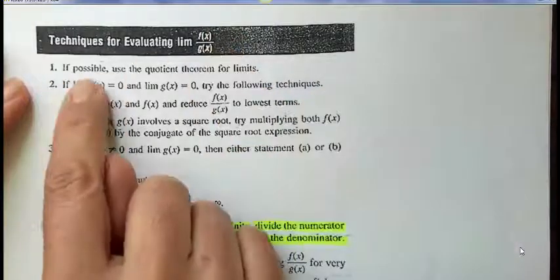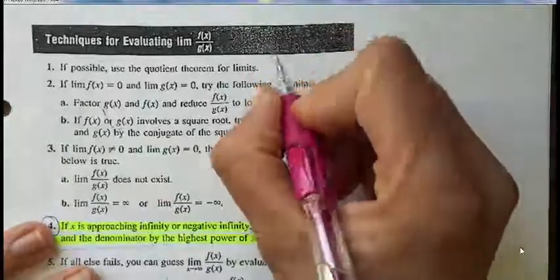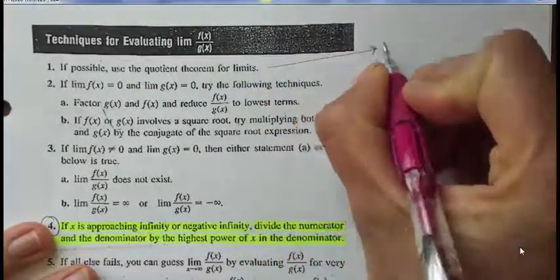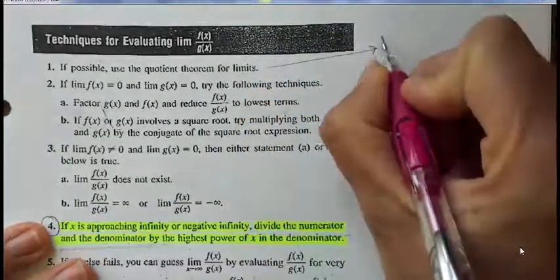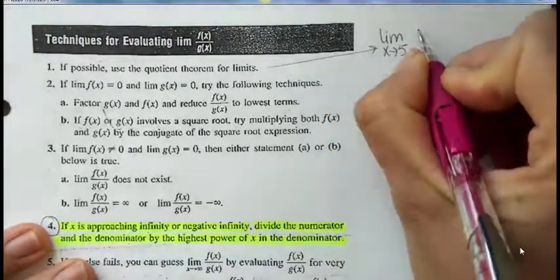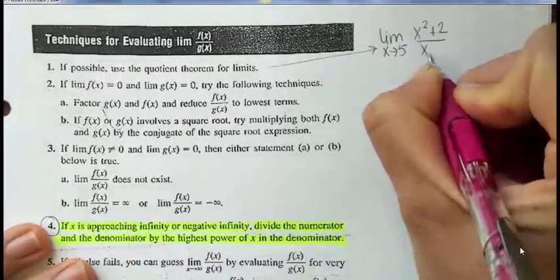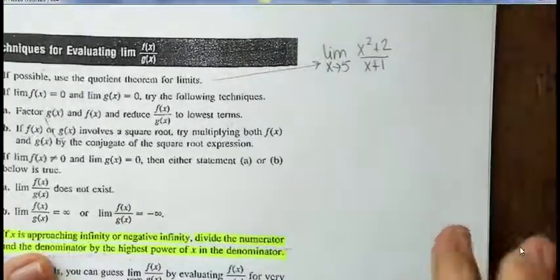Okay, so number 1, if possible, use the quotient theorem for limits, which basically says, let me give you an example here. So this could be like the limit as x approaches 5 of, let's just do x squared plus 2 over x plus 1. I made that up.